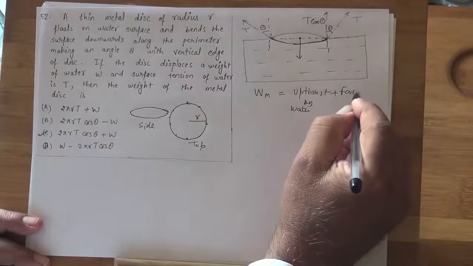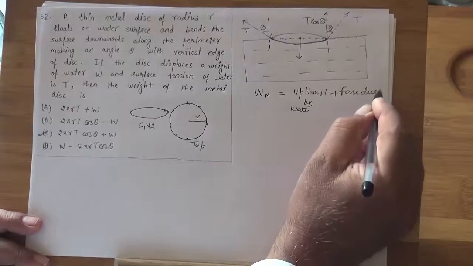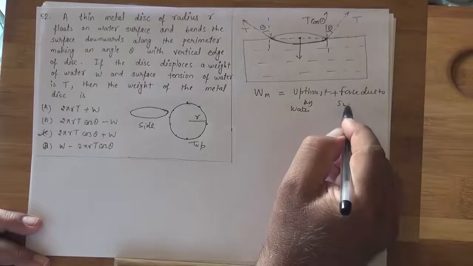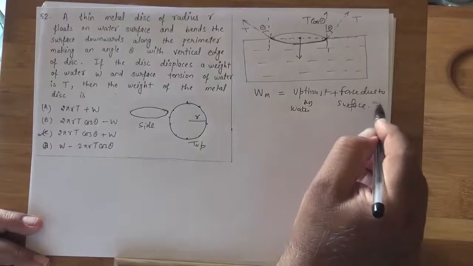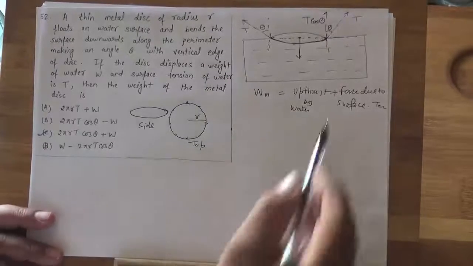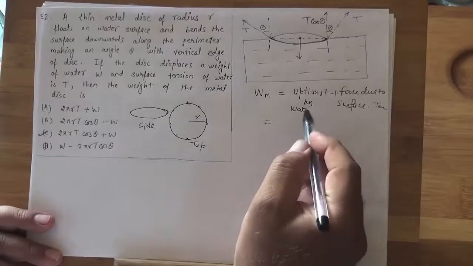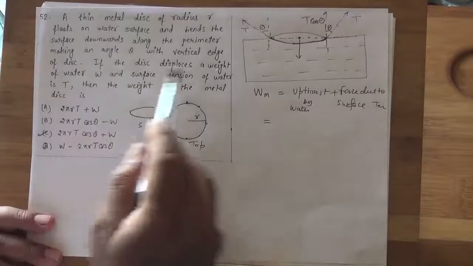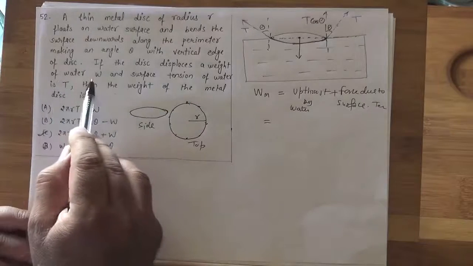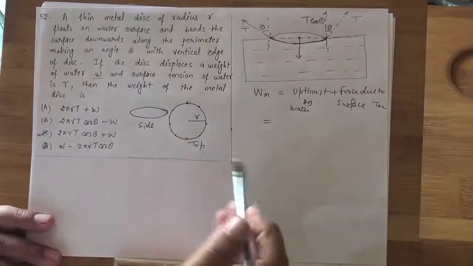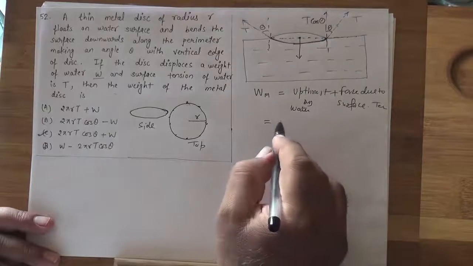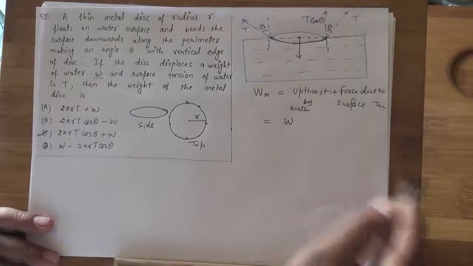Here we will write force due to surface tension. Now, upthrust by water, that is given to us. Weight of water displaced is W, and upthrust is always equal to the weight of water displaced. So this we can write as W.